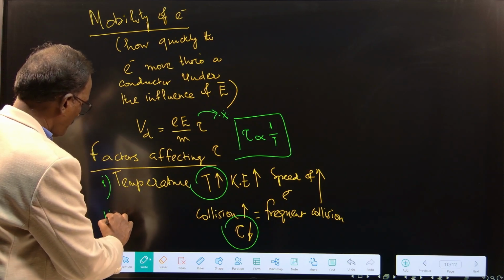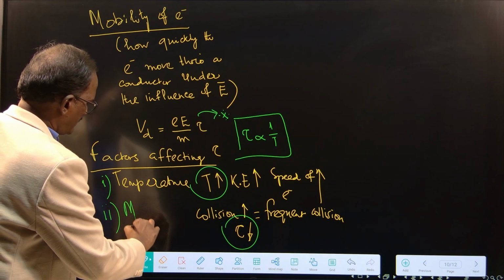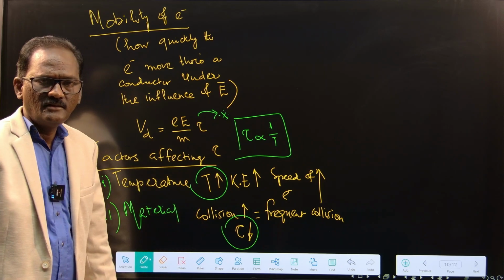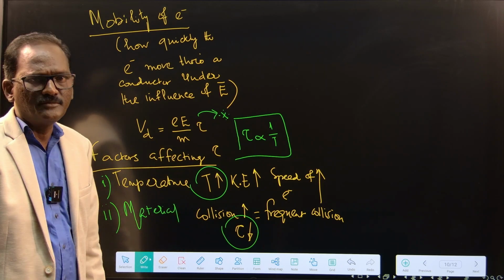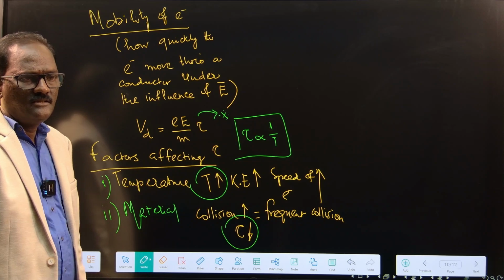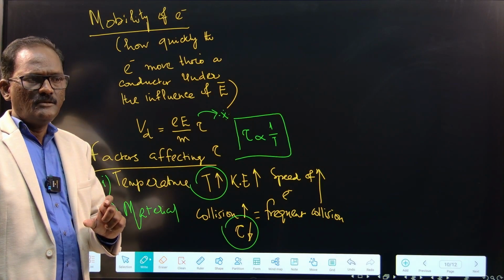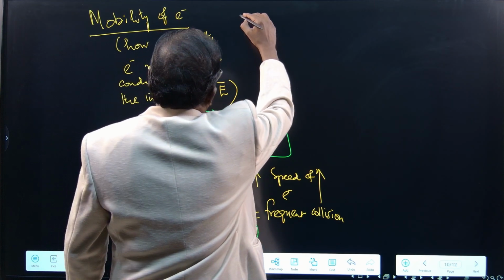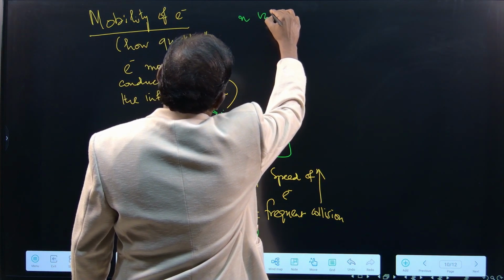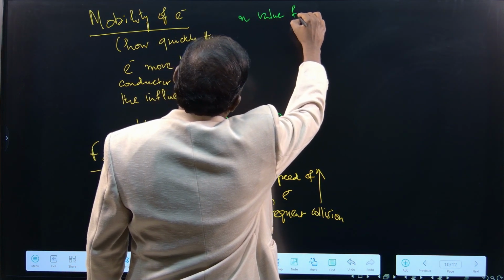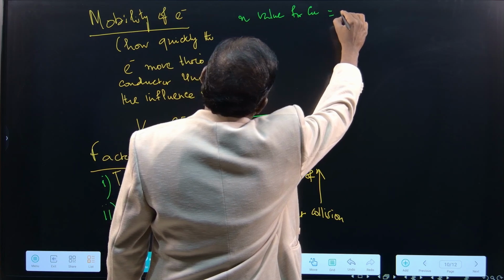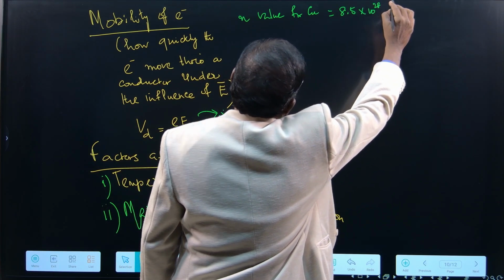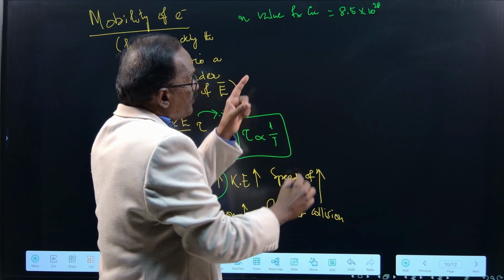Number two, the material. Copper or aluminum, because copper has more free electron density than aluminum. We know the N value for copper is 8.5 into 10 to the power of 28 per meter cube, per volume.